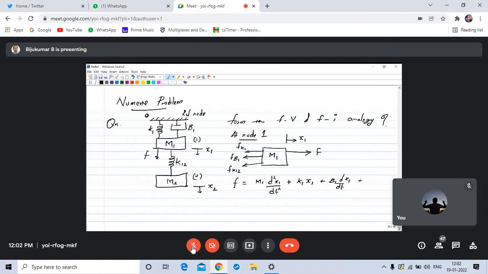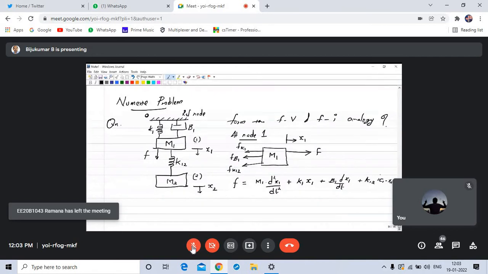Force due to Fk12, how can we write? It will be the product of spring constant and the difference in the displacement. Since K12 is connected between two principal nodes, and their corresponding displacements are x1 and x2, we have to take the difference x1 minus x2.